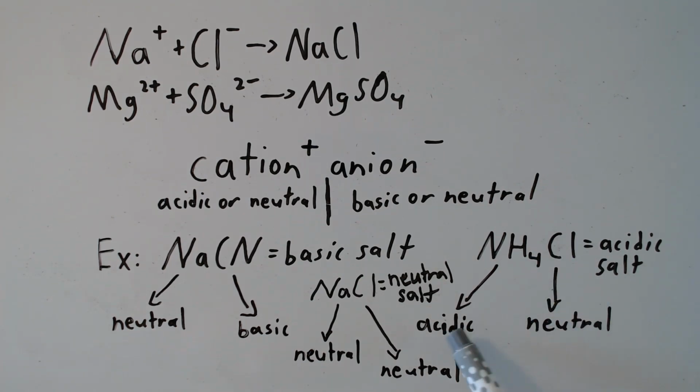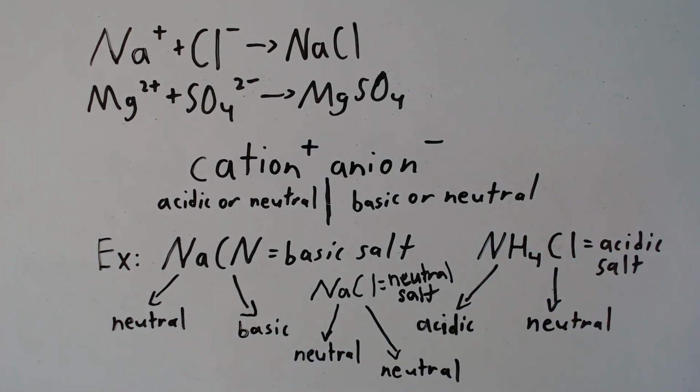So acidic plus neutral is acidic. NH4Cl is acidic. The salt makes an acidic solution. And finally, we have NaCl, and that's a neutral salt because obviously you've tasted salt before, and I don't think you've tasted acidic salt. It's neutral because the Na+ cation is neutral and the Cl- anion is neutral. So when they both combine, neutral plus neutral gives us a neutral solution.